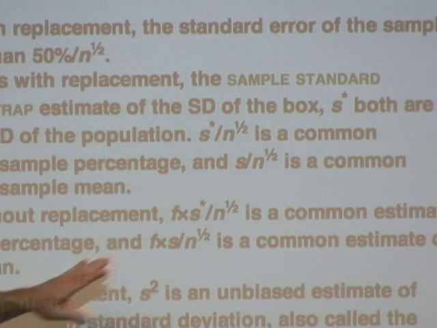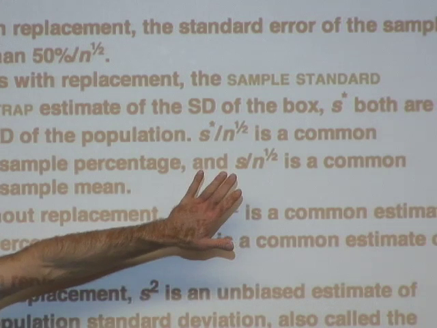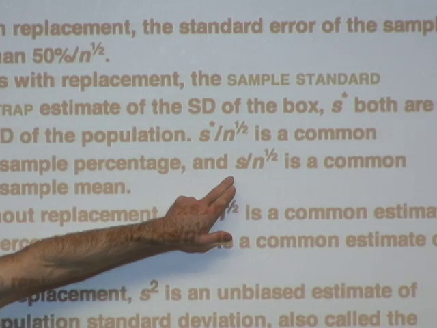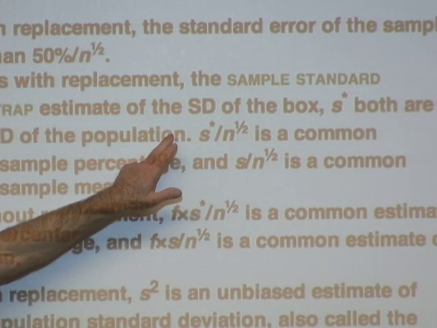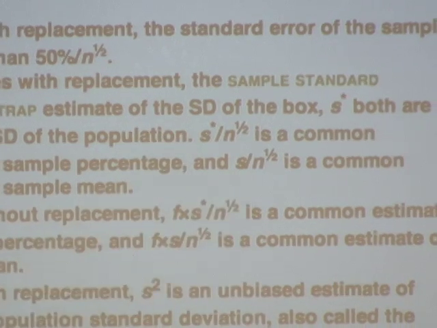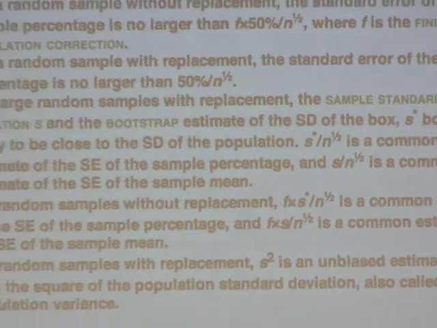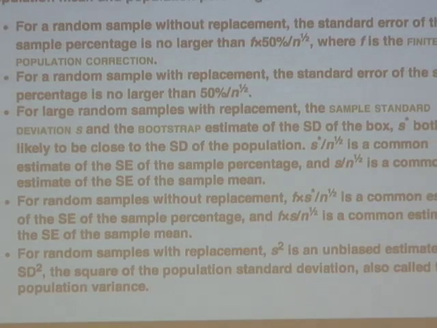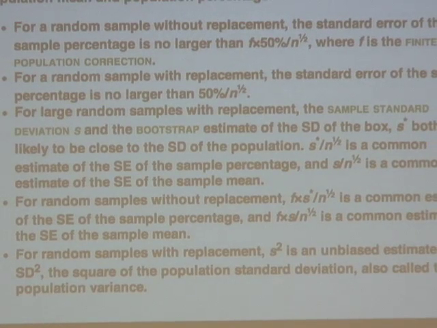It's more common if you're talking about drawing from a general box rather than a 0, 1 box to use S, the sample standard deviation, rather than S star, the standard deviation of the sample. It makes sense primarily if you're sampling without replacement, because that's the situation under which S squared is unbiased for the square of the standard deviation of the box.